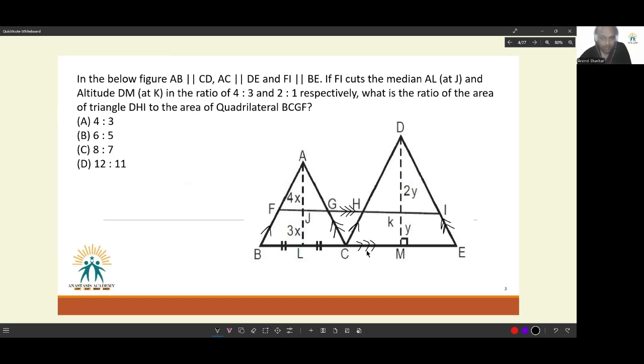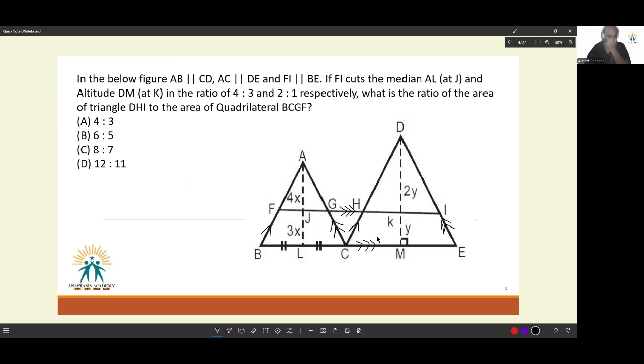FI cuts the median AL at J and altitude DM at K, in the ratio of 4:3 and 2:1.